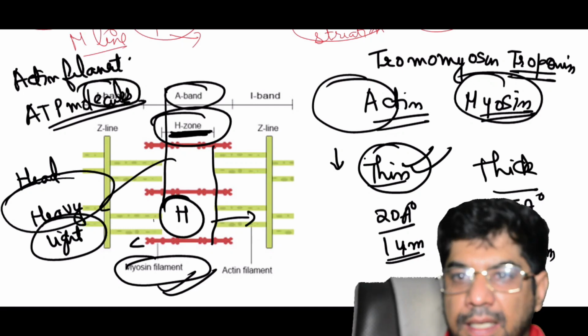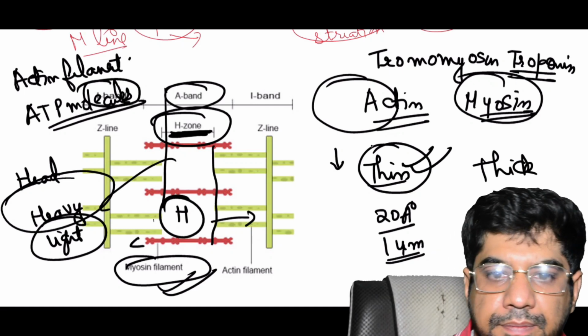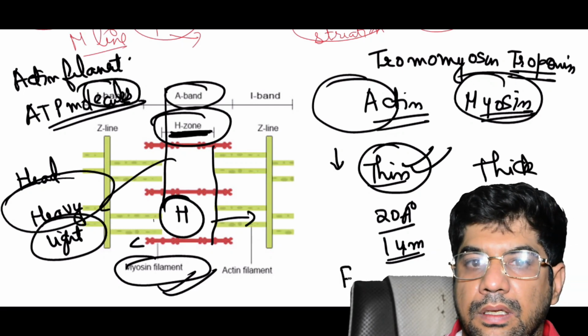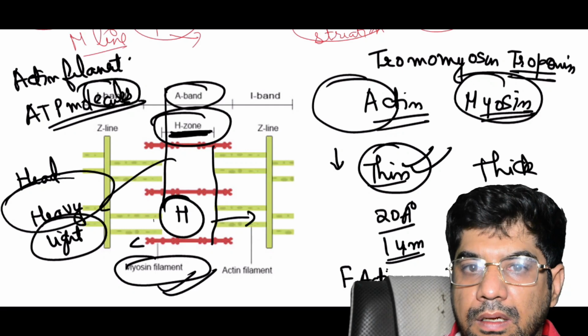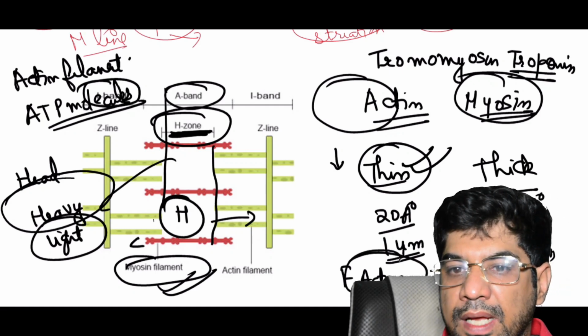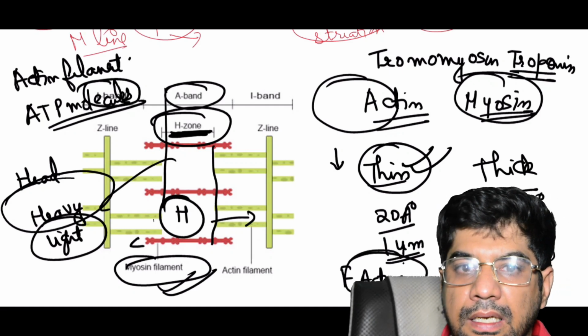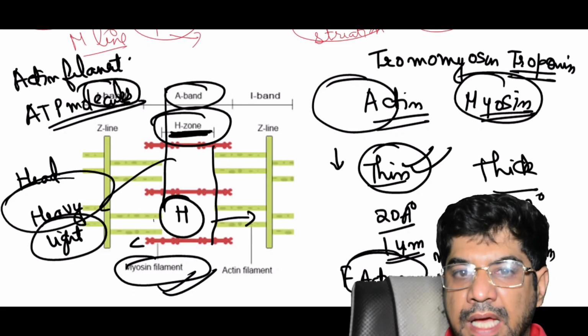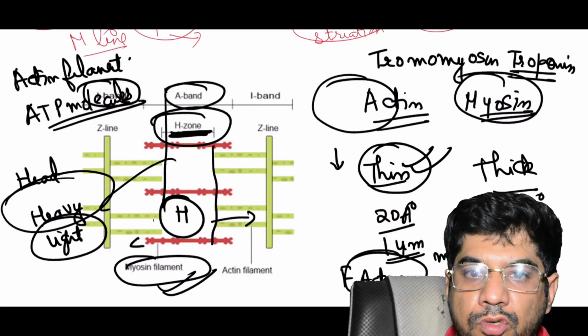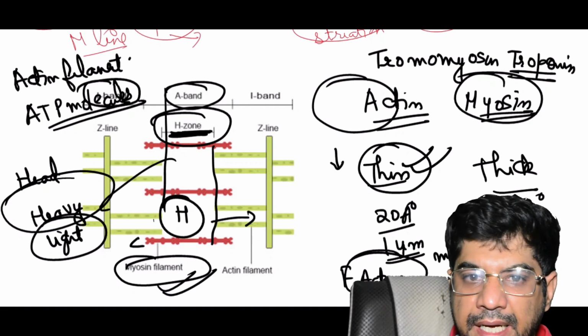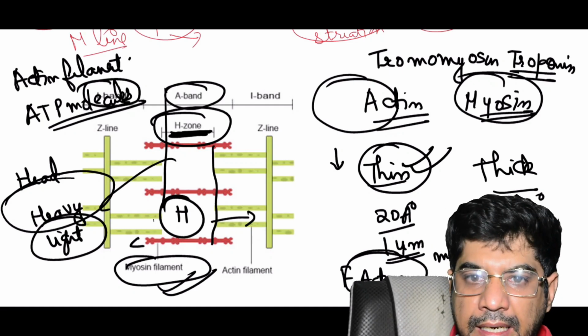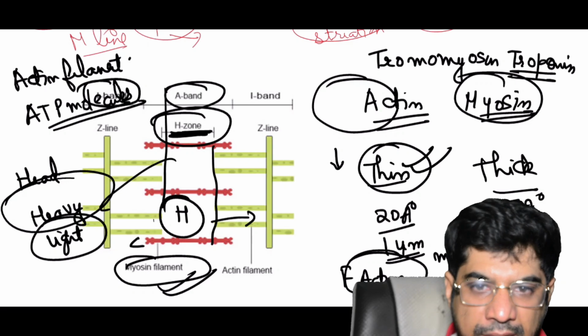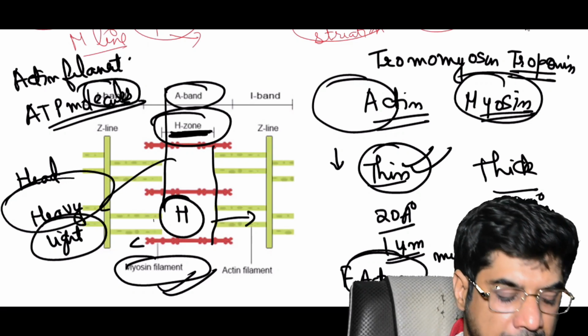Whereas the actin filaments are thin, with each molecule known as F-actin, and each F-actin molecule has an active site for myosin head attachment. So what is the purpose of the active site on the F-actin? It is the point where the myosin head will attach during muscle contraction.